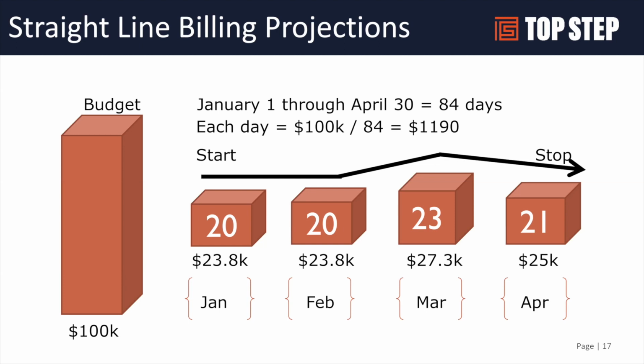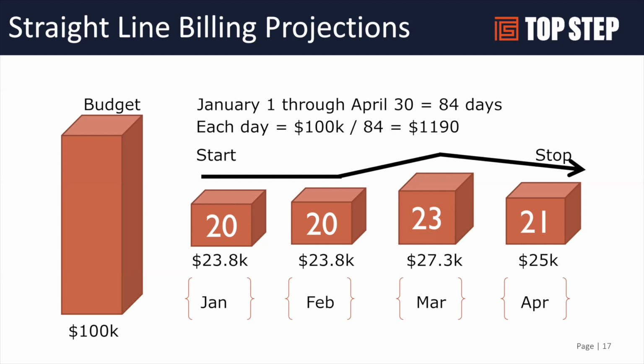We mentioned straight line projections. So straight line projections are really good, especially for pipeline projects, right? You've sold a $100,000 project, or you think you're going to sell a $100,000 project. It's still in the pipeline, but it's looking awful probable. And we think it's going to start in January and it's going to end in April.